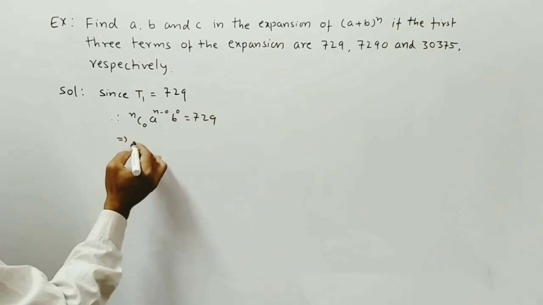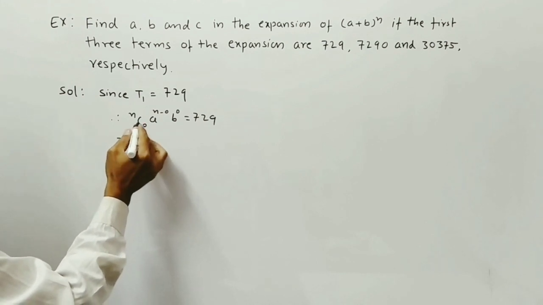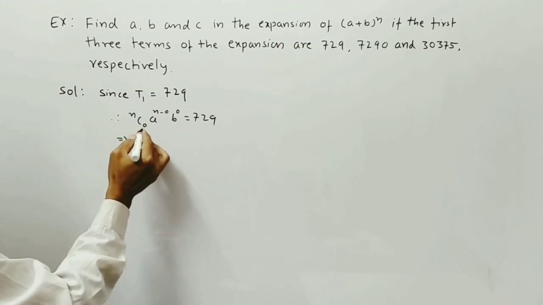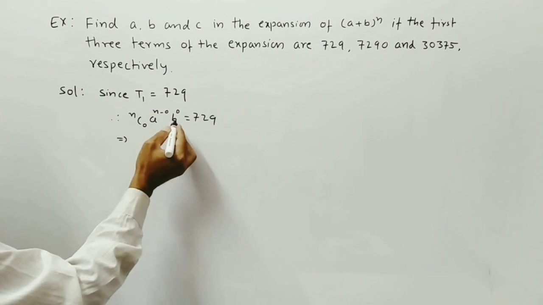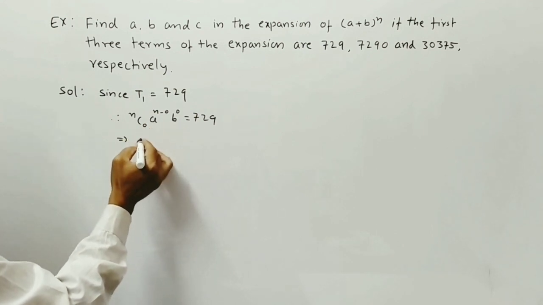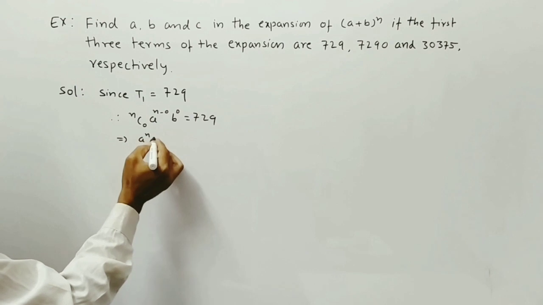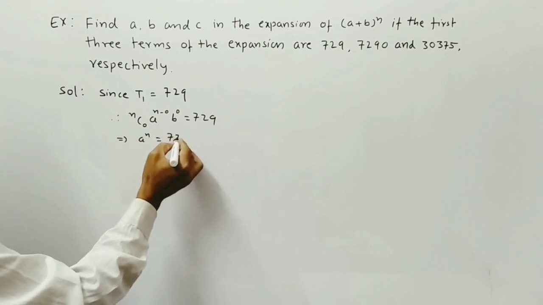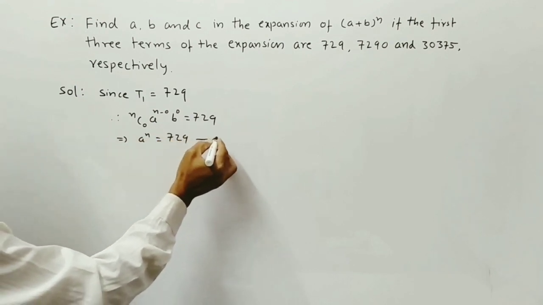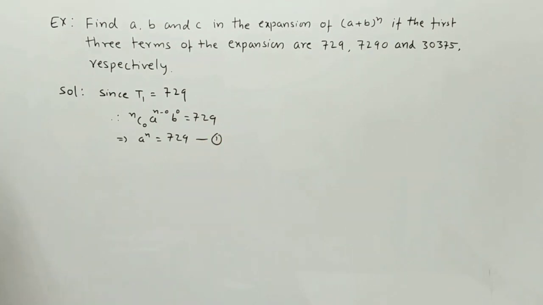This implies NC0 is 1, B raised to the power 0 is 1, then we will get A raised to the power n is equal to 729. Say number 1.